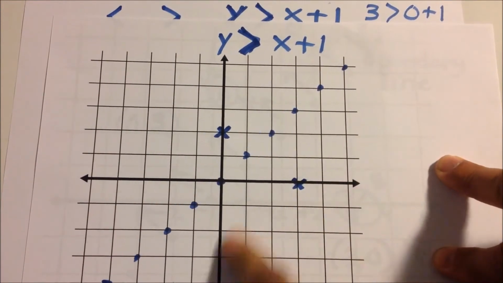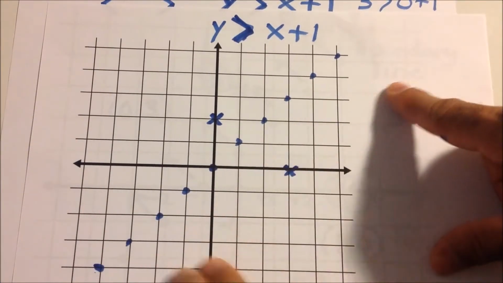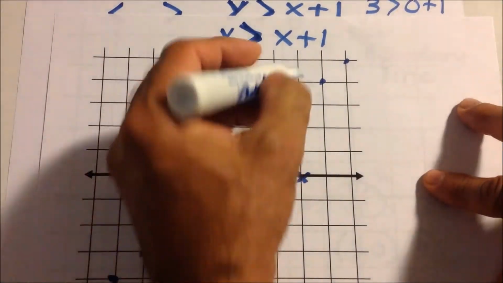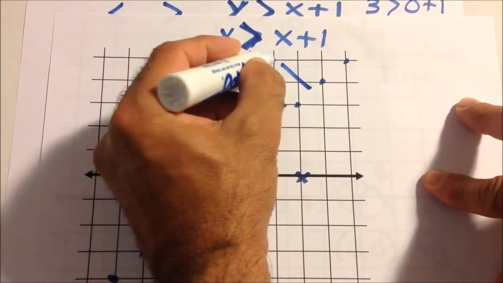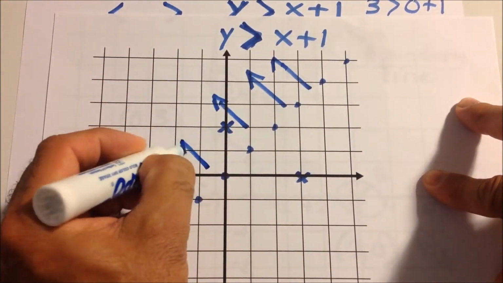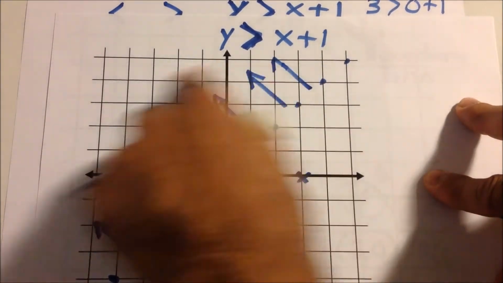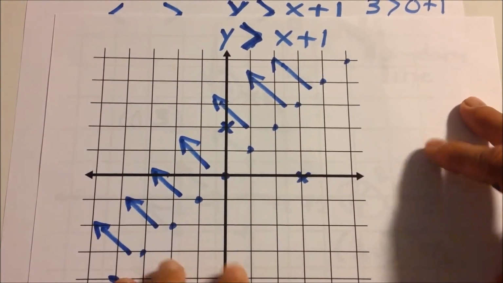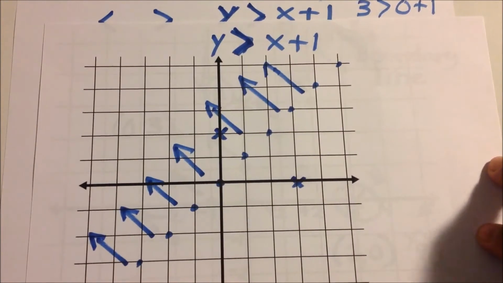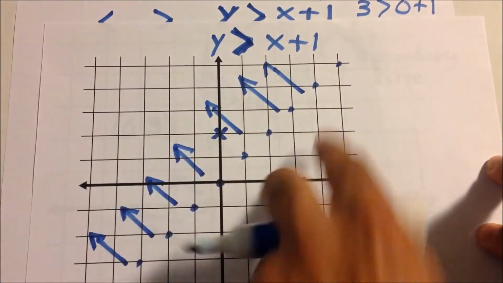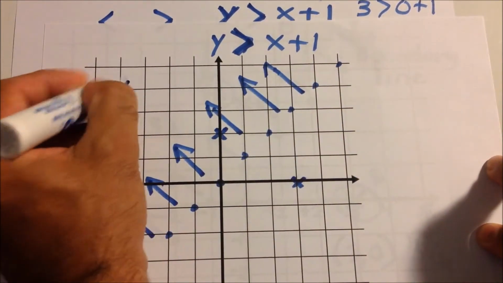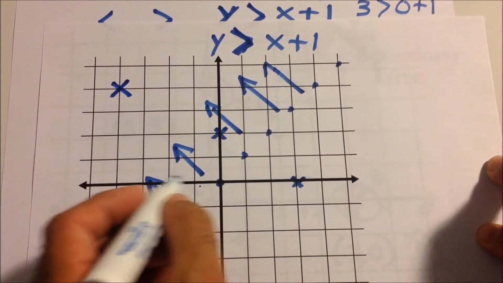Since this does not work, we're not shading in this side of the plane. Everything on this side, put our arrows, works. So this would be shaded in. And that's how you would solve it. So we can check one more time. Let's pick any point above the boundary line here. Let's pick that point. 1, 2, 3, 4.